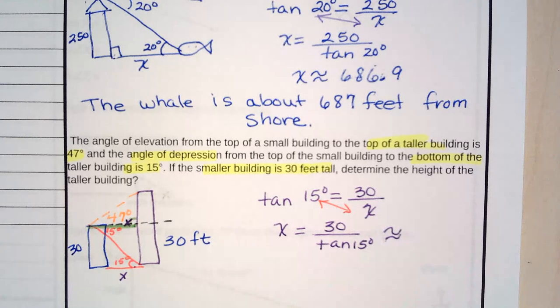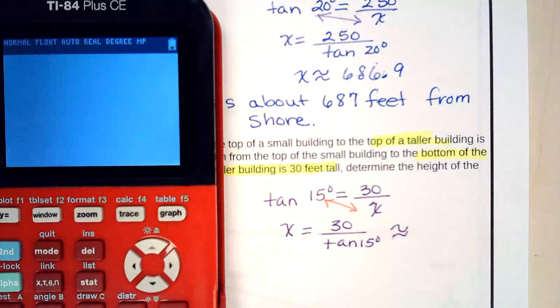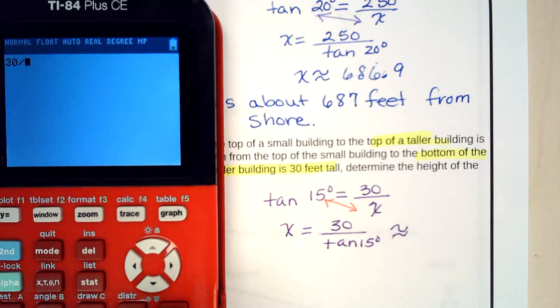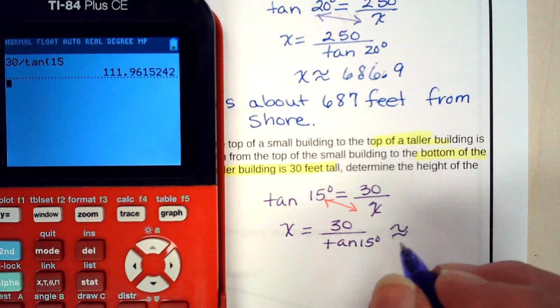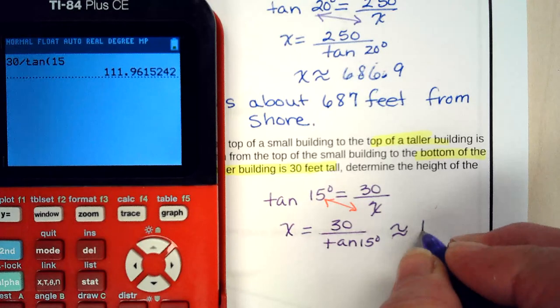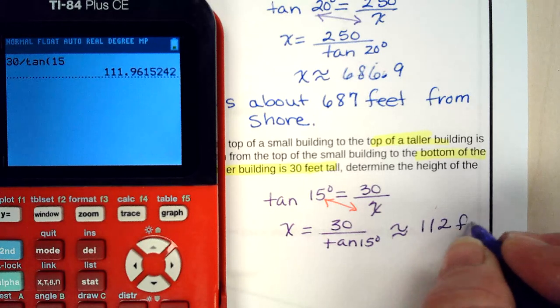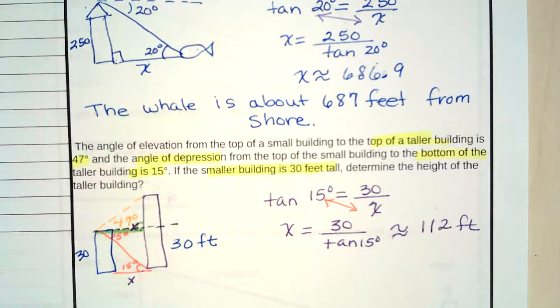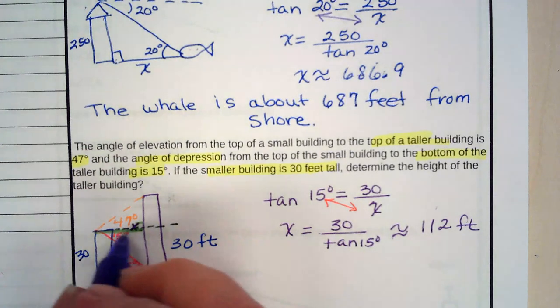And that will be an approximation when we get done. And that's 111.96, which is about 112 feet. So there's about 112 feet between the buildings.